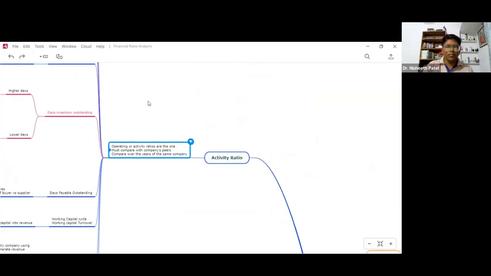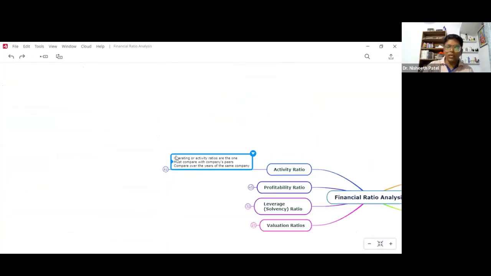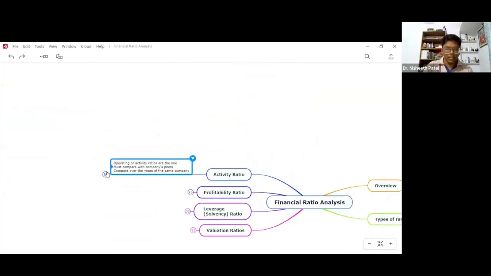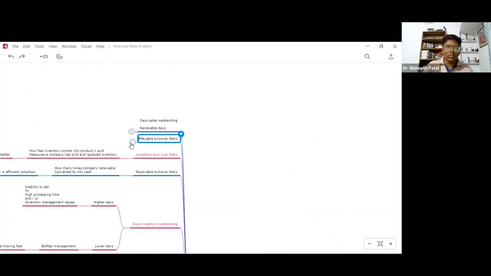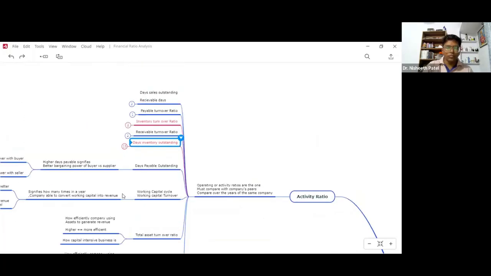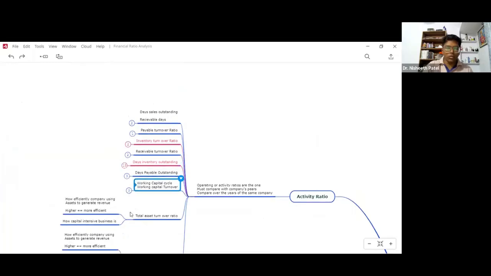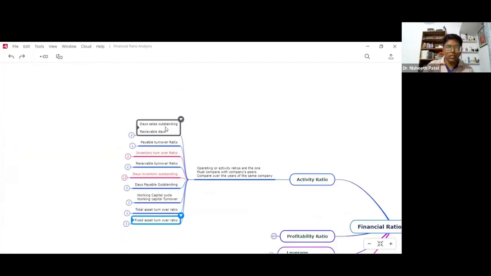Activity means whatever activity the company does, we have to compare its ratio. We will not go into much detail, you will just have this overview, because it's a little bit more into finance. But days sales outstanding, or receivable days, is the average number of days in which the company gets back its money.